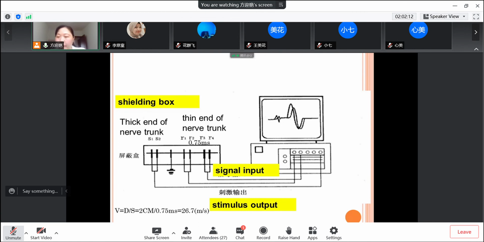Yeah. This is the velocity unit. Do you understand here?